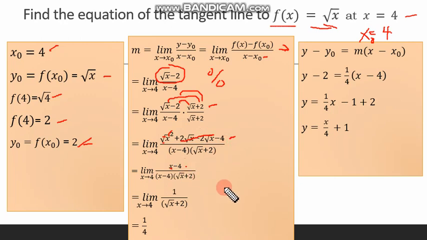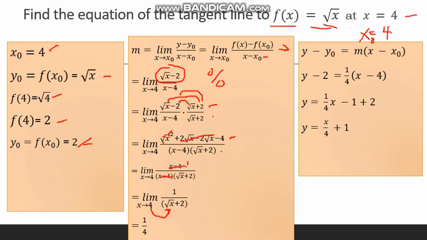So x minus 4, and then as is on the denominator, that's x minus 4 times square root of x plus 2. Now you notice that x minus 4 is common in the numerator and the denominator. We can cancel this one. So what remains is 1 over square root of x plus 2, and then here comes x becomes 4.